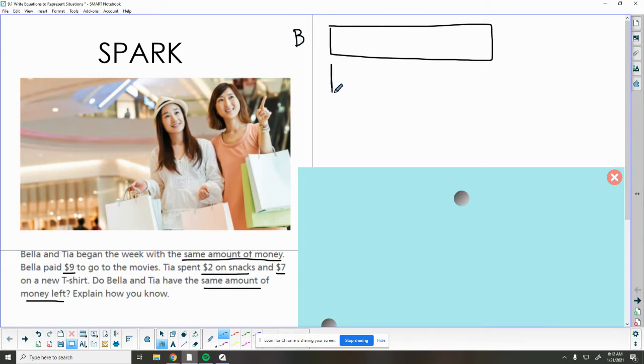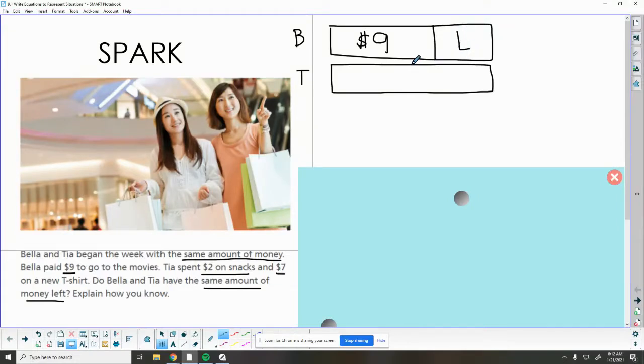So one thing I can do is I can just draw this bar to represent Bella. And I can draw that exact same bar to represent Tia because they started with the same amount of money. So even though we don't know what that amount is, we know it was the same. So I know that Bella paid $9 to go to the movies. So this is what Bella has left.